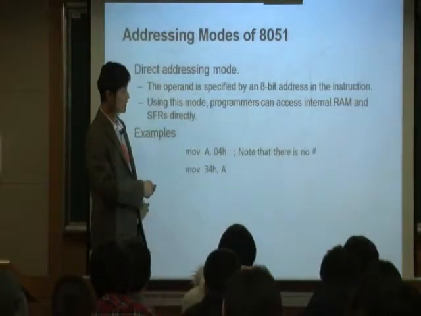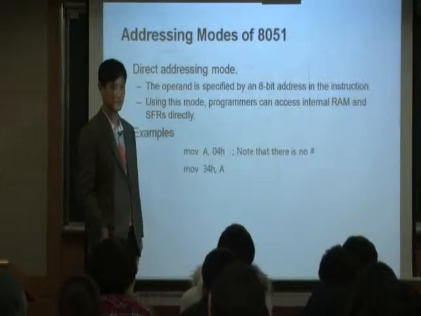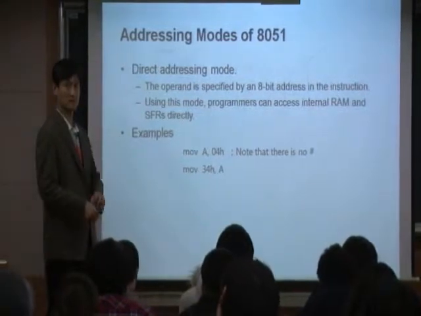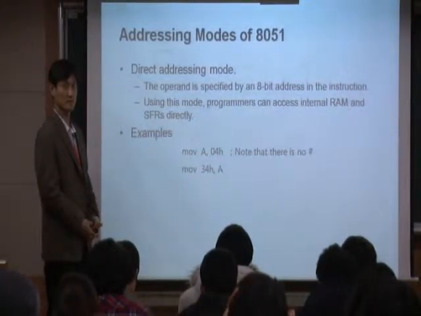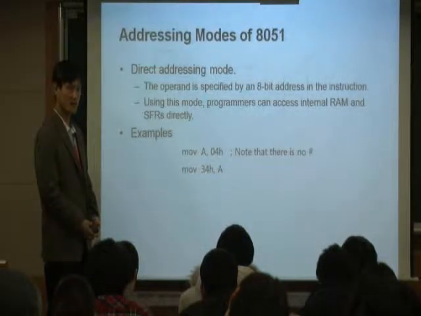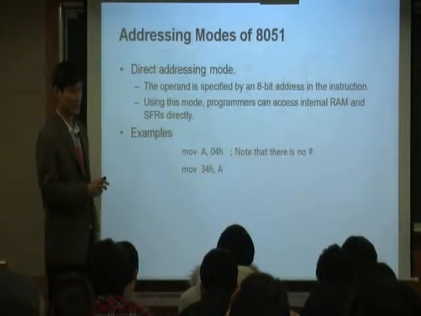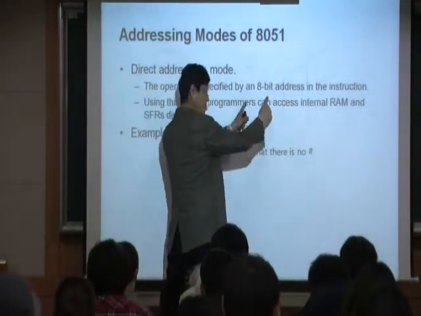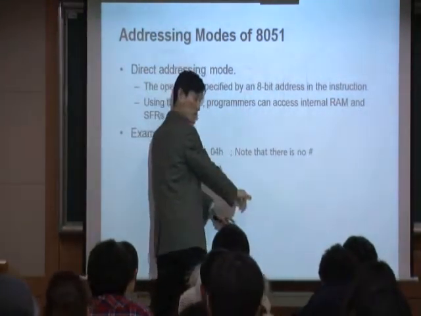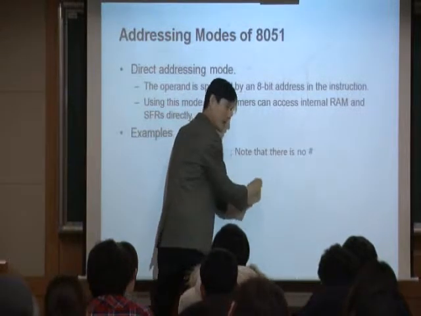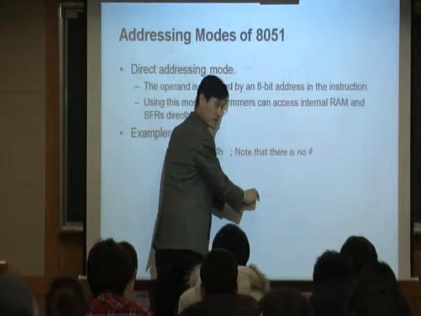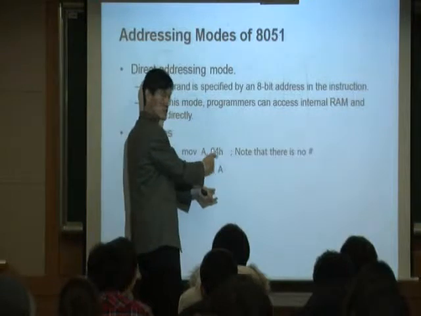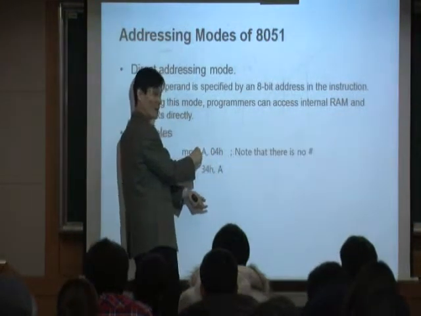So when we execute this, what value goes into A? Not 04. 04 is the address. Since this is an address, we have a memory, and in that address you have some value. That value goes into A.